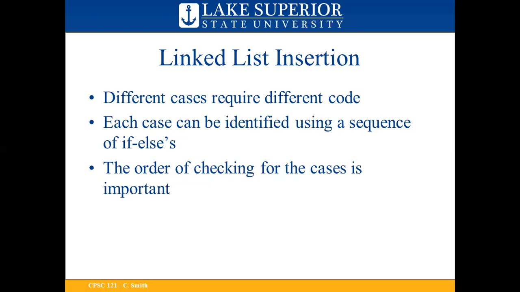There's sequence involved here, right? So you want to get the sequence right. So the first thing we're going to do is work through that ordering, and then we're going to work through some specific examples of insertions with the code that implements each of those cases.